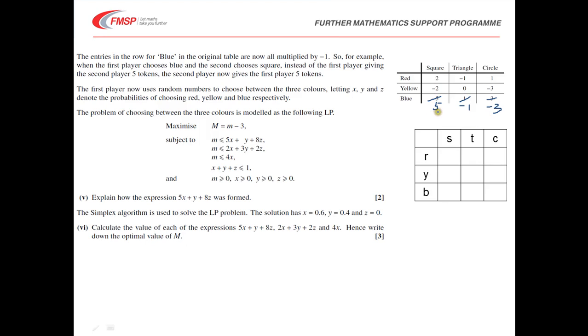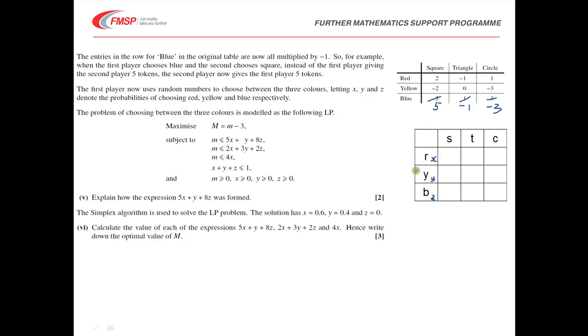Okay, so the first player is going to gain 5 now. So we now have the probability of red is X and yellow is Y and blue is Z. He uses random numbers to choose through these colours.